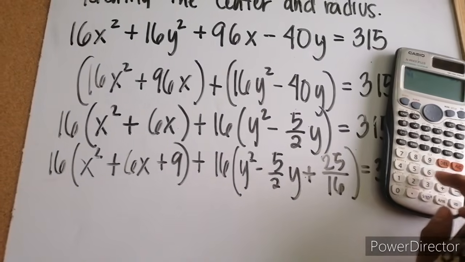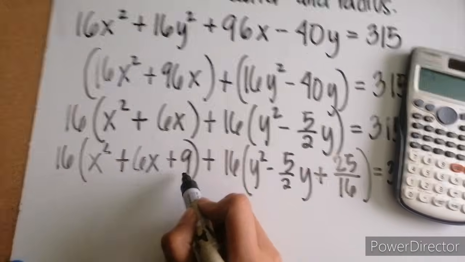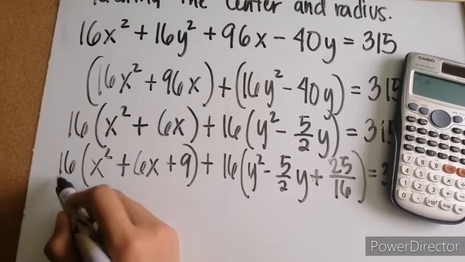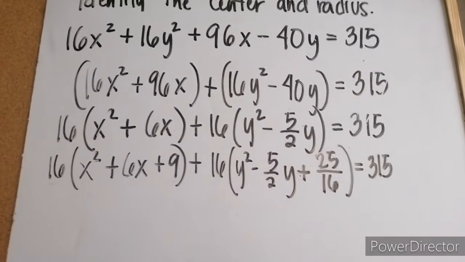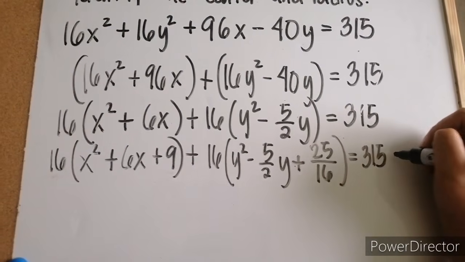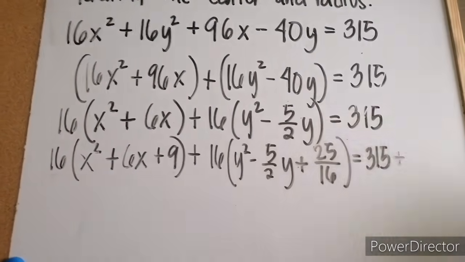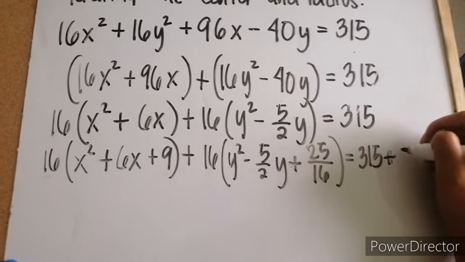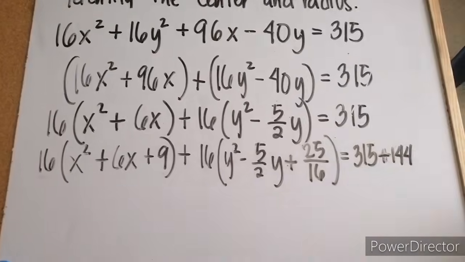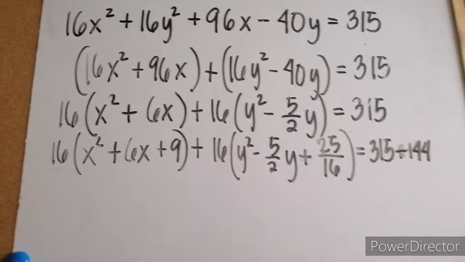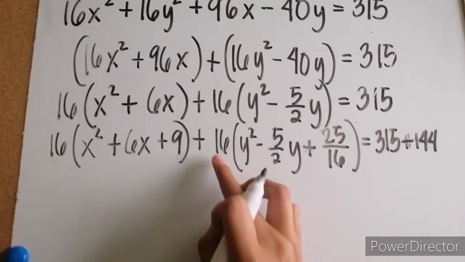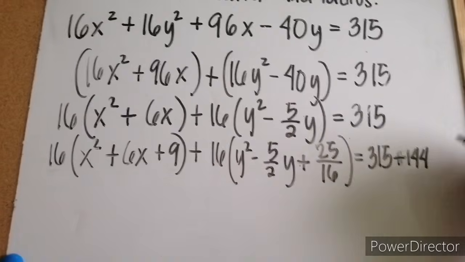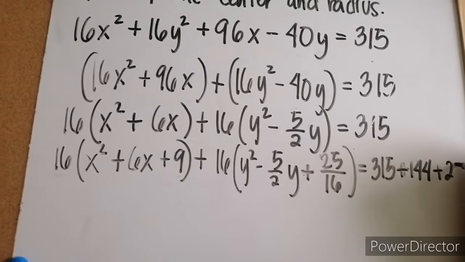So 9 times 16, that is equal to 144. So we are going to put plus 144, and 25 over 16 times 16, we will only have 25.